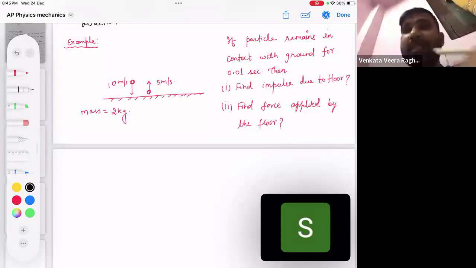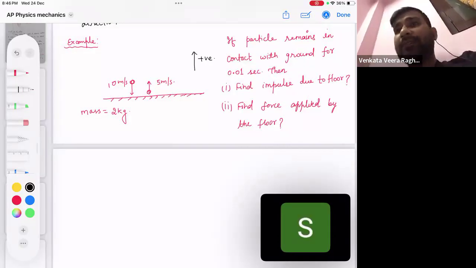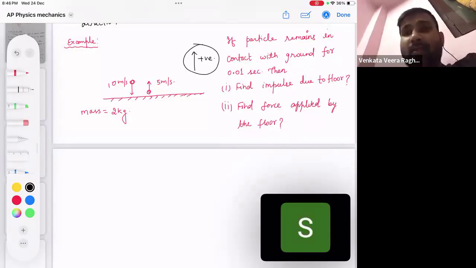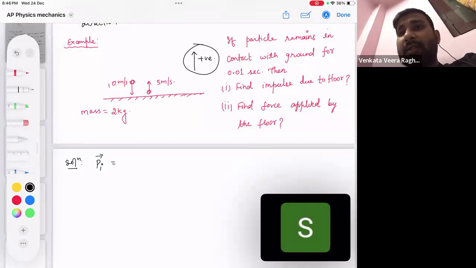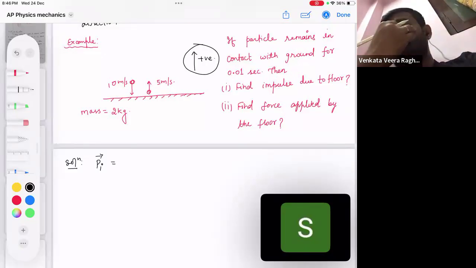So please tell me, which direction do you want to take as positive? Let's take the upward direction as positive. Okay. So now please tell me, what will be our initial momentum? Is the initial momentum going to be plus or minus?